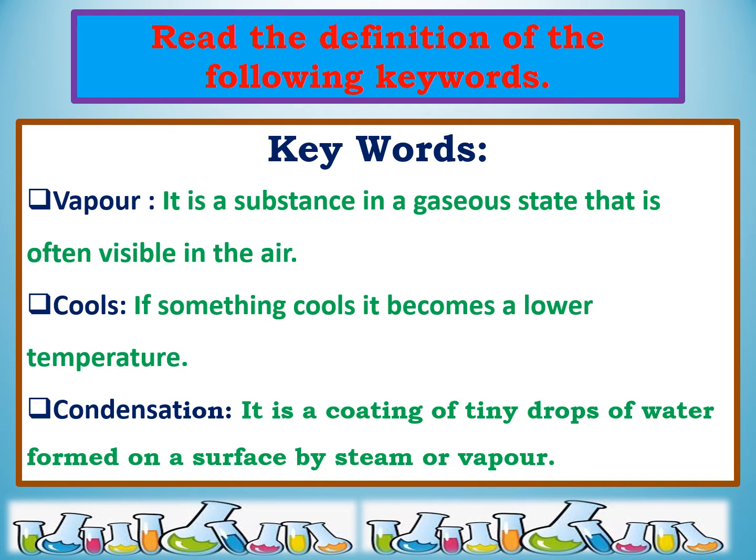When we say cools, if something cools, it becomes a lower temperature. Third, condensation. It is a coating of tiny drops of water formed on a surface by steam or vapor. You need to read and practice these keywords so that you will be able to understand more the lesson.